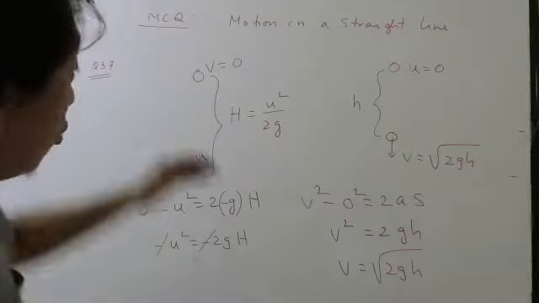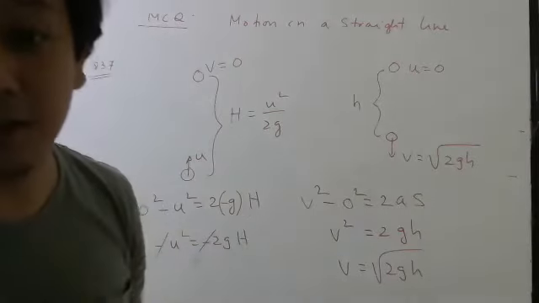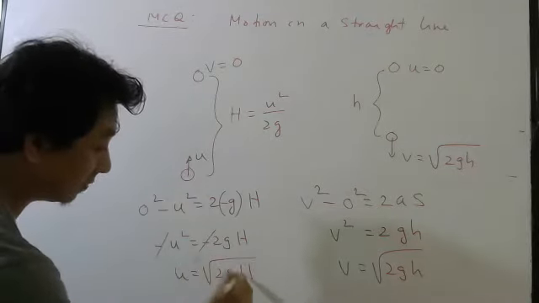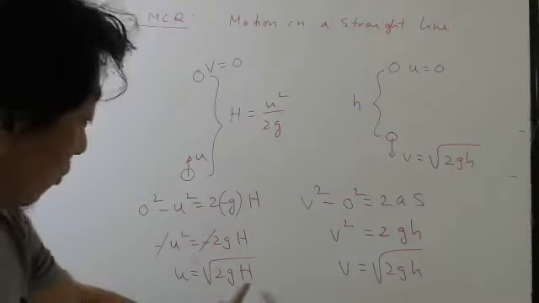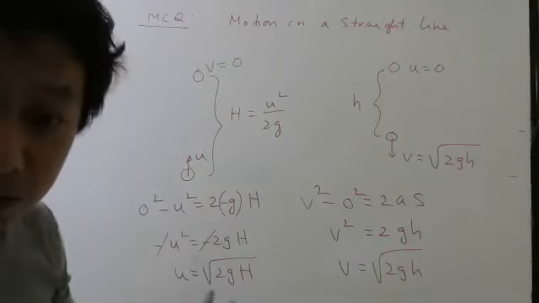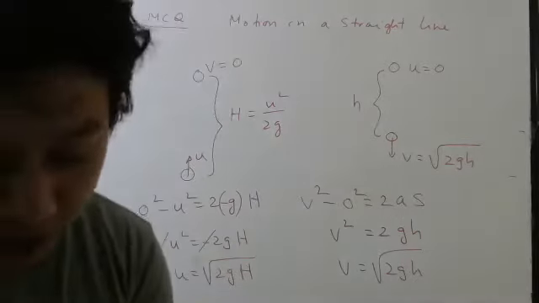In some cases, you may know the height. If they ask you to find the initial velocity, what will you do? Square root of 2gh, yes or no? If you know the height and they ask for initial velocity, you do root of 2gh. Very similar formula.